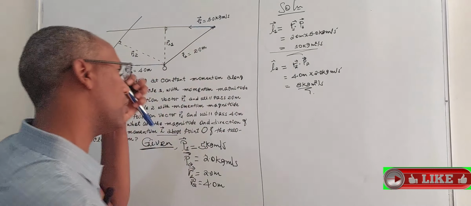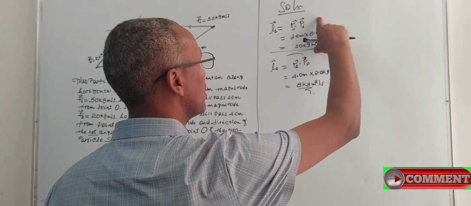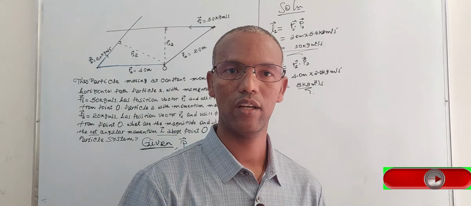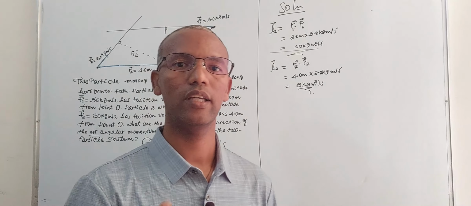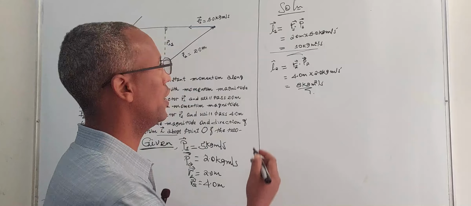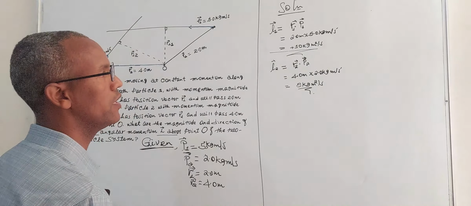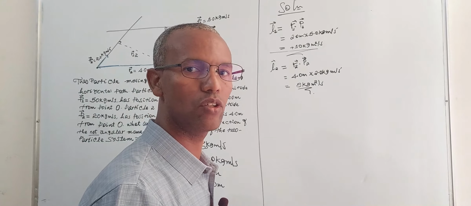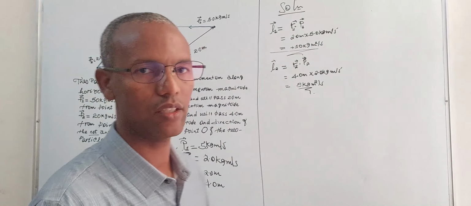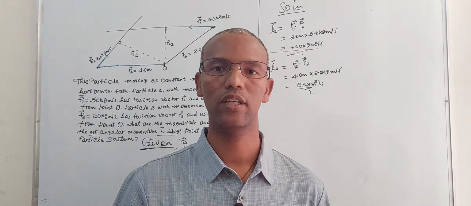Now, I just want to let you know the direction of this one, which is basically counterclockwise, or we can say into the page. Into the page means positive. Normally, to find the direction of angular momentum, we use the right hand rule.